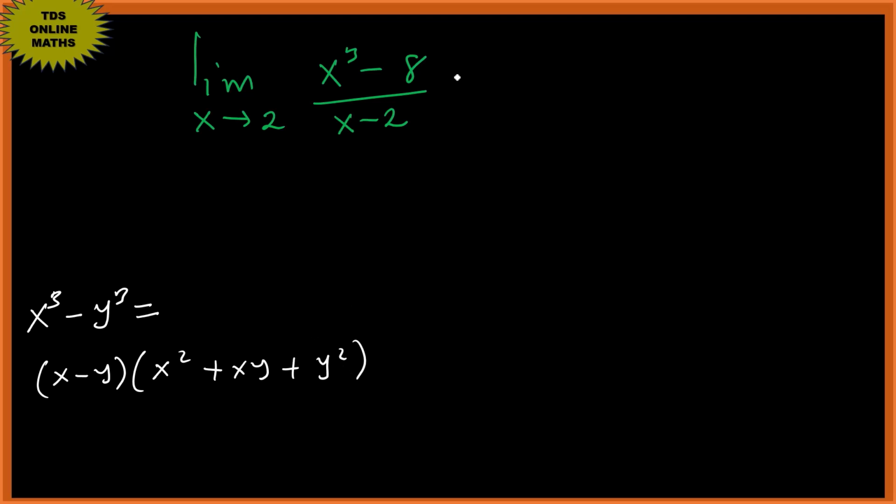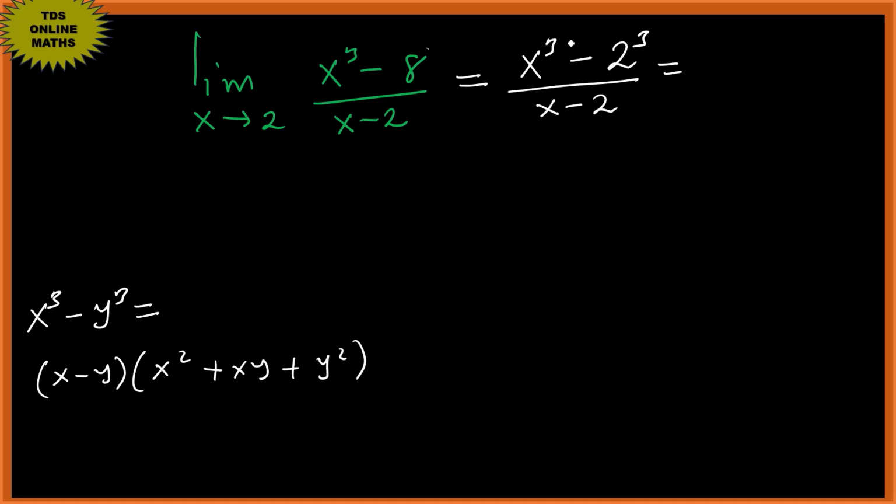So let's observe the numerator. Can we adjust this so that it obeys this? Yes. Now we know 8 can be written as 2 to the power 3 here. So we have x minus 2. Now what are we seeing?